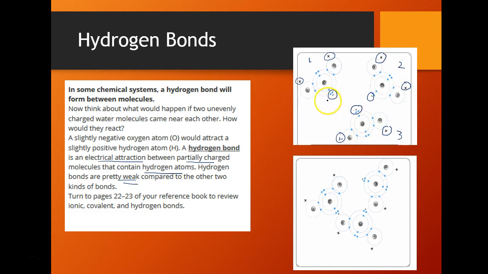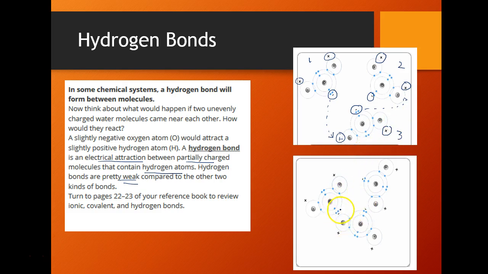What you see here is how these three water molecules could interact. This negatively charged oxygen right here can interact with this positively charged hydrogen, and maybe another example would be this negatively charged oxygen can interact with this positively charged hydrogen.